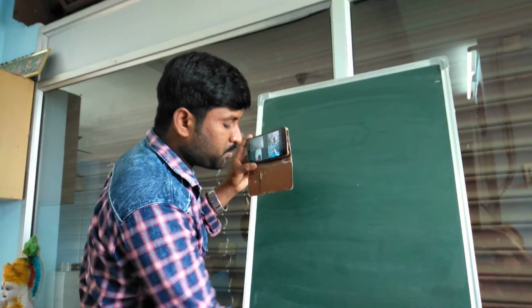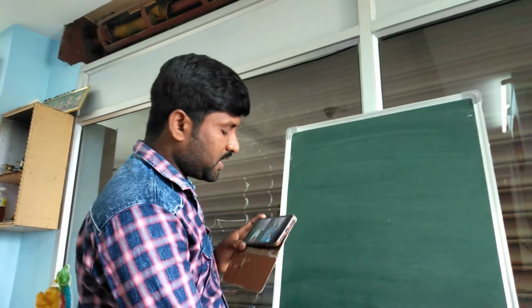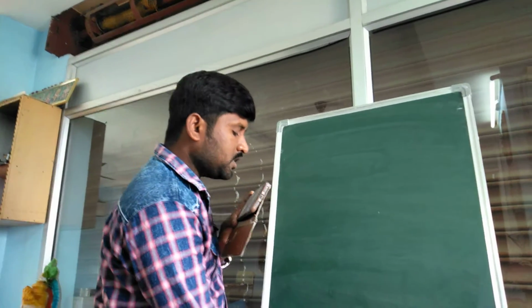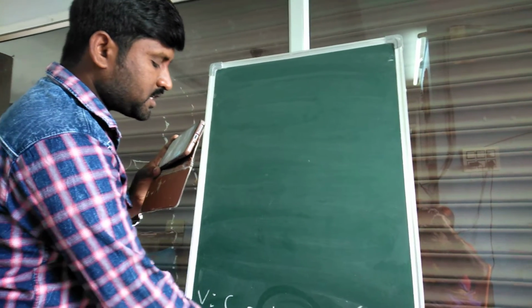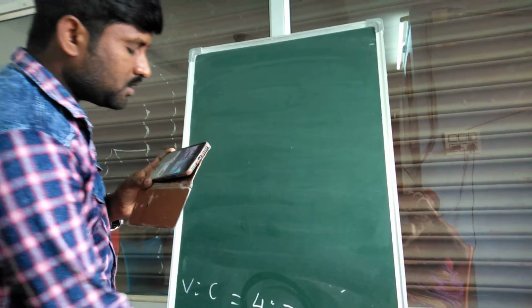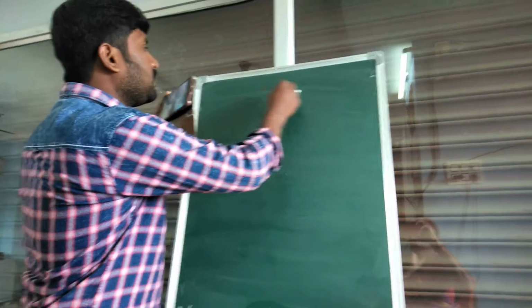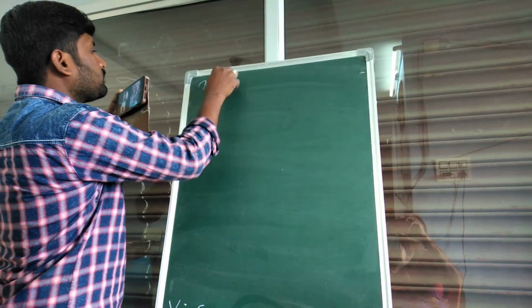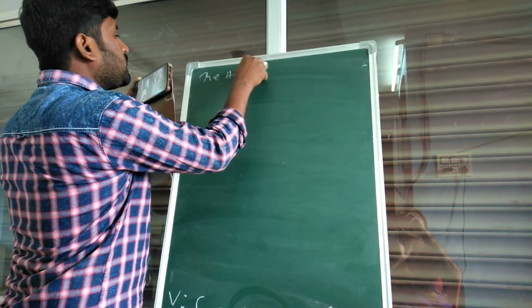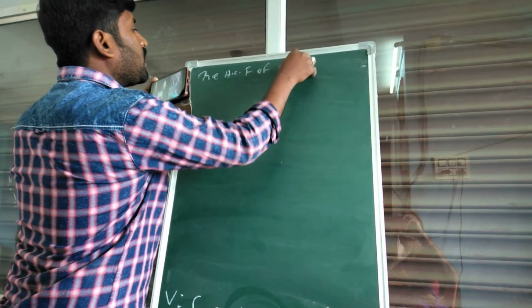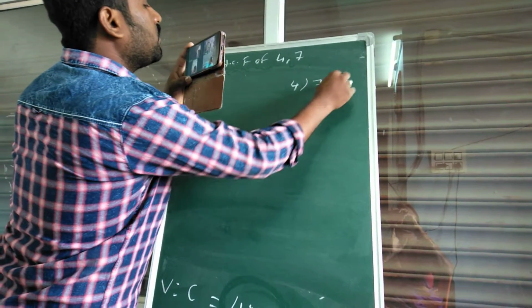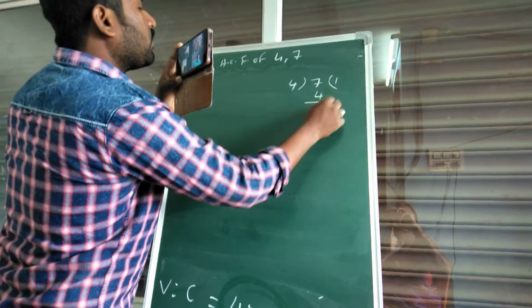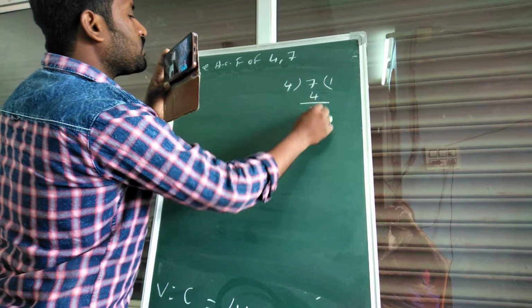How do we write this ratio in the simplest form? First of all, these two numbers are co-prime numbers. 4 and 7. These two numbers are what? Co-prime numbers because of the HCF of 4 and 7. Find the HCF of 4 and 7. 4 ones are 4. 7 minus 4 is 3.